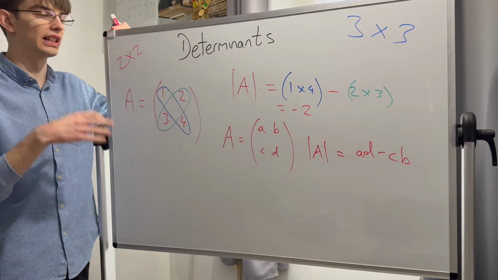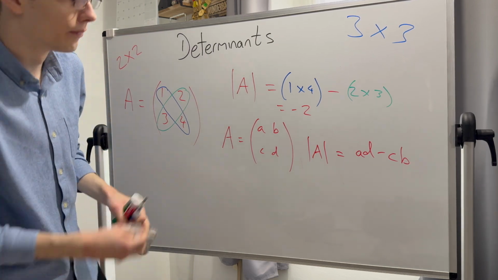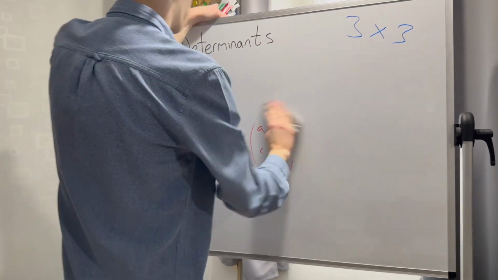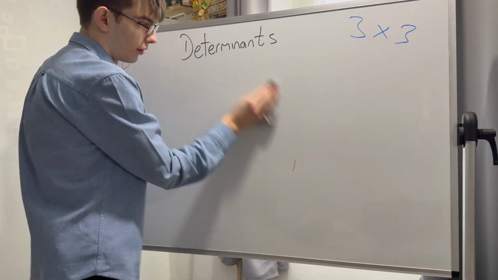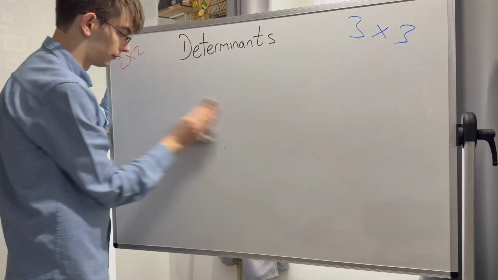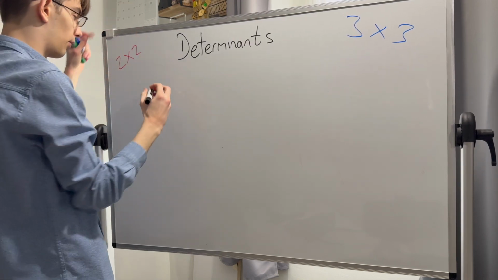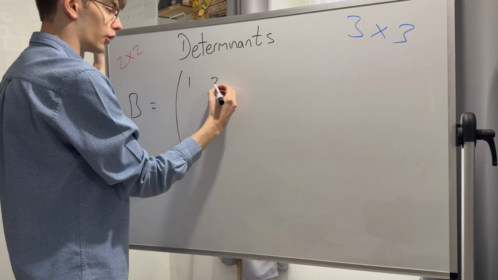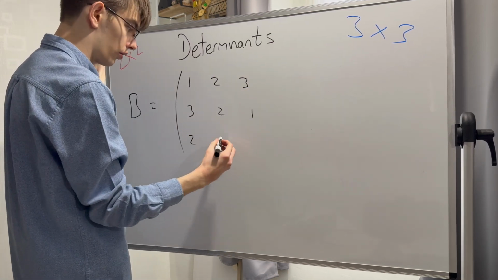With 2x2s, it's nice and simple. With 3x3s, it gets a lot more annoying. So if I come up with a 3x3 matrix, I'll call this one B. Let's go 1, 2, 3, 3, 2, 1, 2, 3, 1.